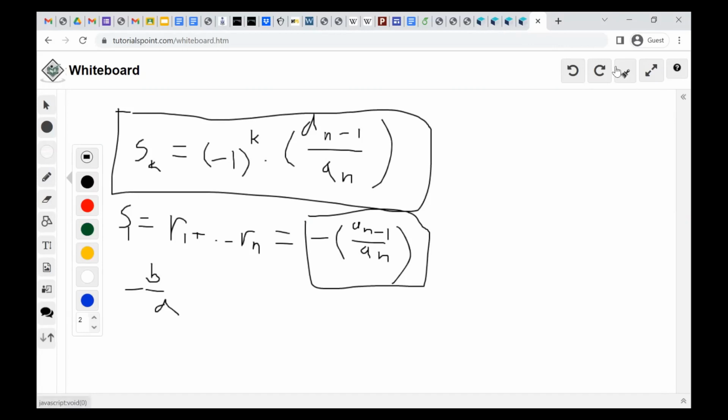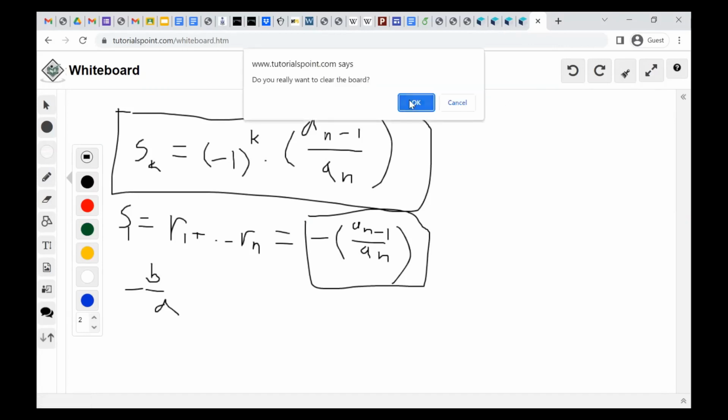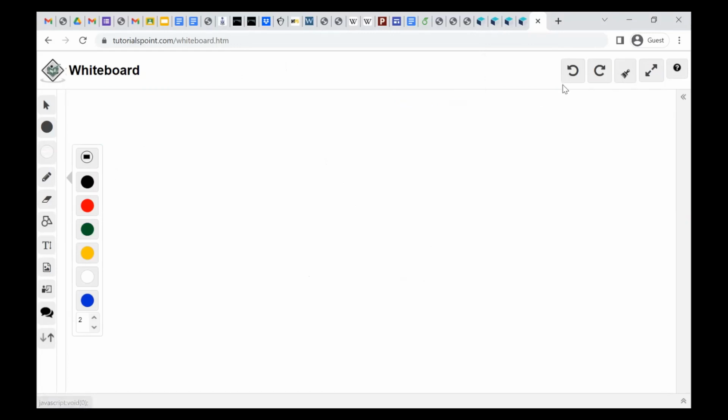In general, on AMCs, you probably won't have to do this for polynomials of degree more than 3.